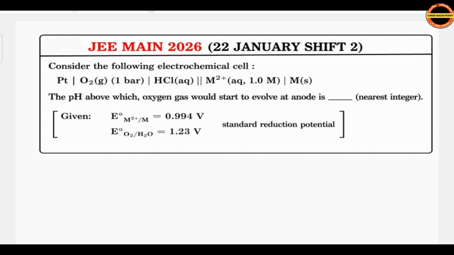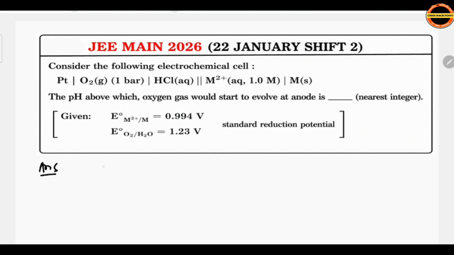Based on the given question, if you proceed further, I think everyone has read the question. Here we know oxidation: for O2 and H2O they gave standard reduction potential values, for both. O2 to H2O is 1.23, and M plus 2 to M is 0.994 volts.